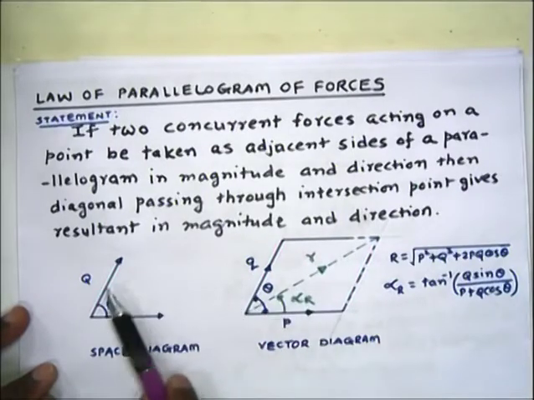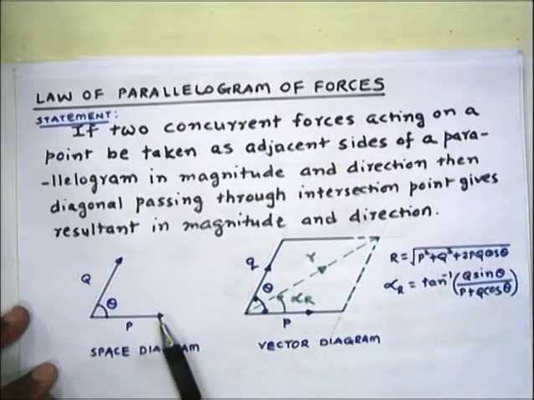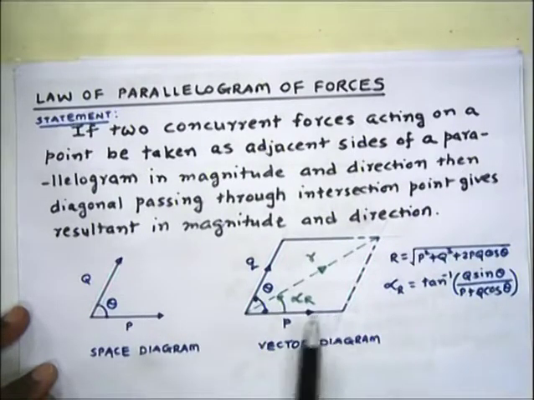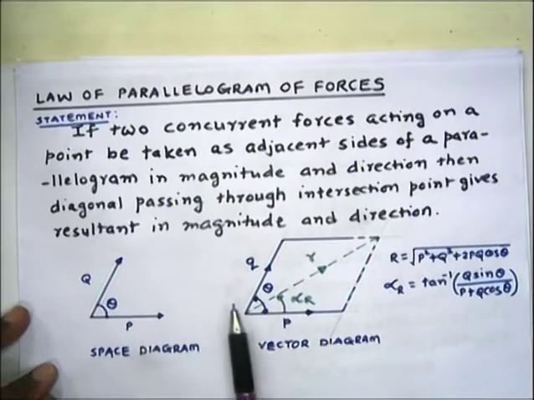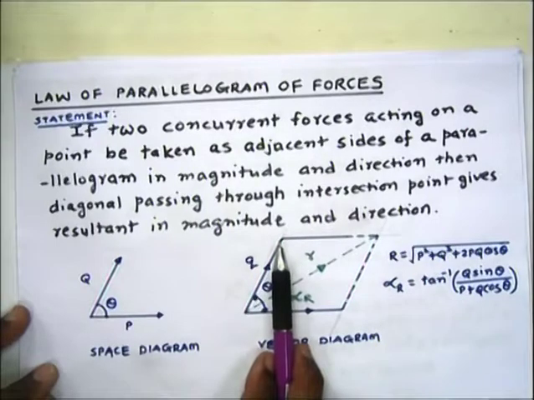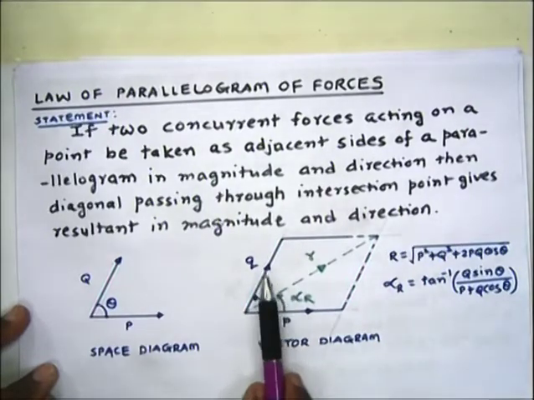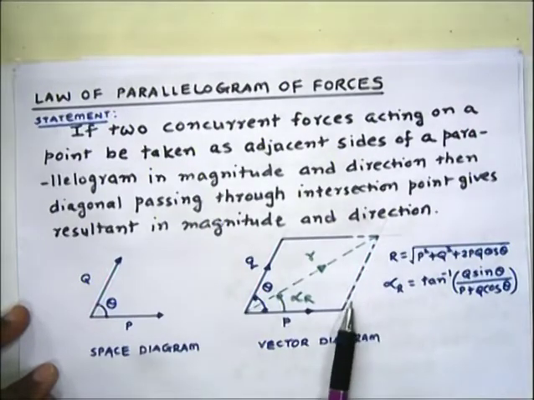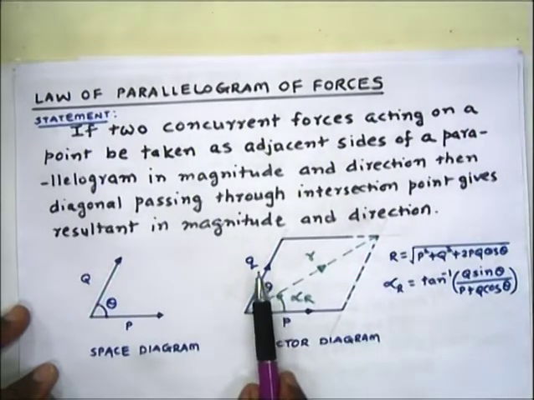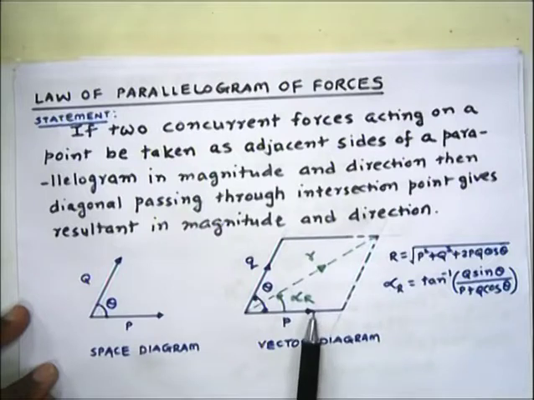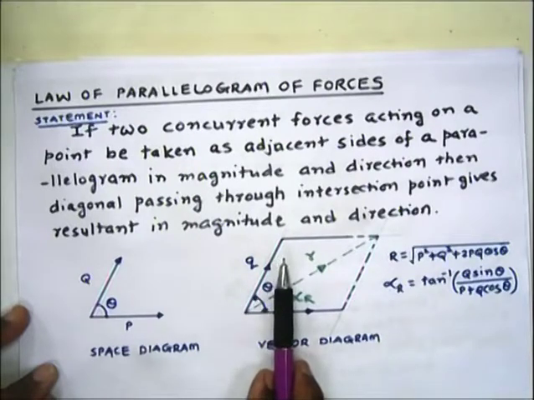Actually this statement comes from the graphical method. Here, force P is taken as one side like this, and force Q is taken as the other, adjacent side of the parallelogram. Then you can draw the complete parallelogram, which has the characteristic that opposite sides are equal and parallel. So this is what a parallelogram is.